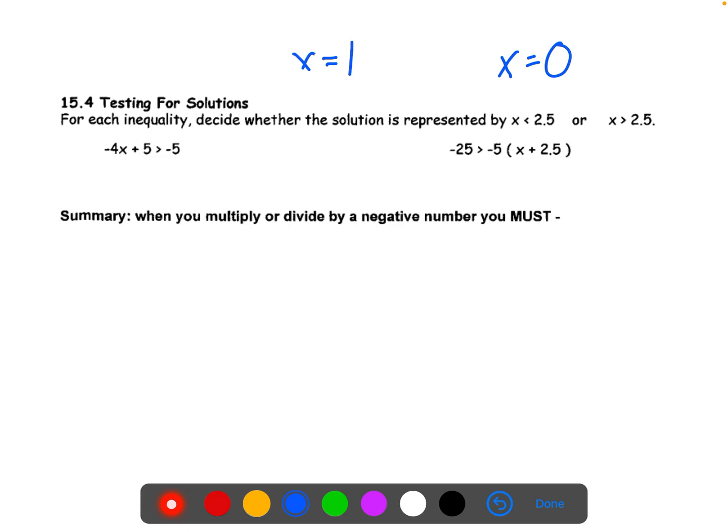Both of those are less than 2.5. And if they work in one of these inequalities, then this would be a way to represent the values for it. So try an easy number in these two inequalities, then determine which one has x is less than 2.5 as a solution.